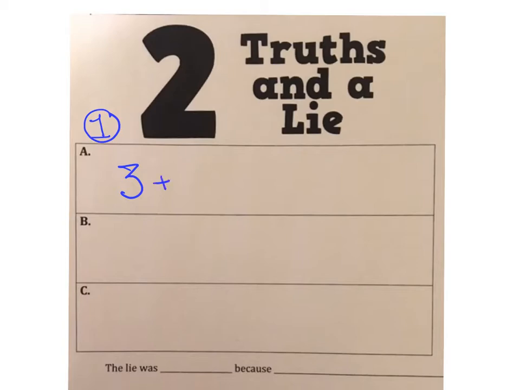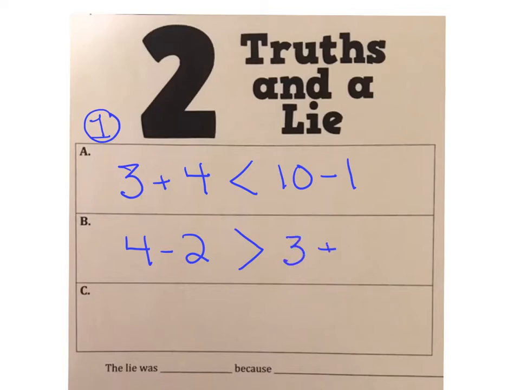3 plus 4 is less than 10 minus 1. Your next statement is 4 take away 2 is greater than 3 plus 7.